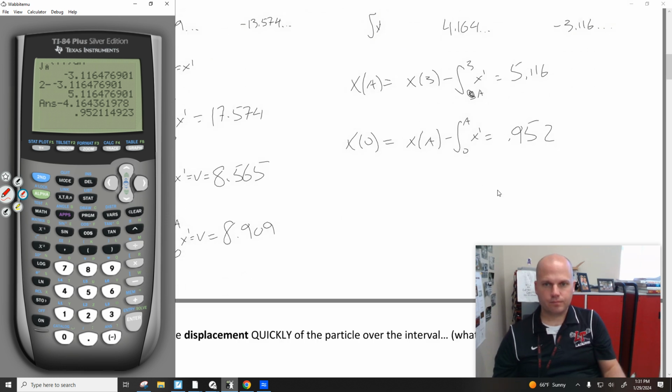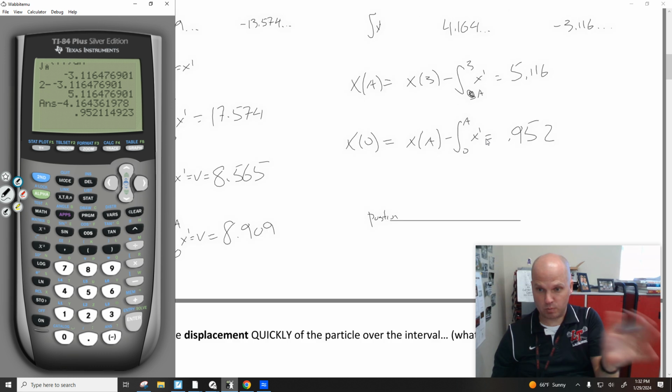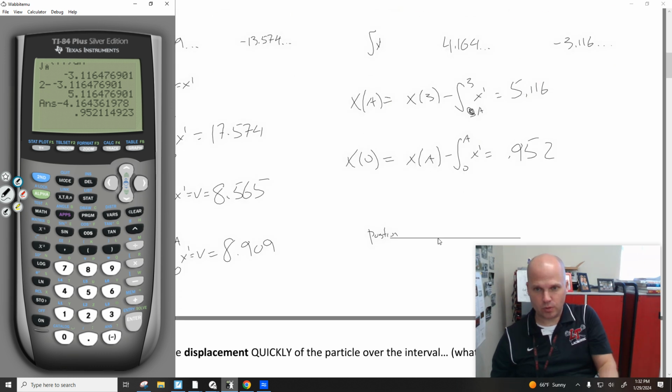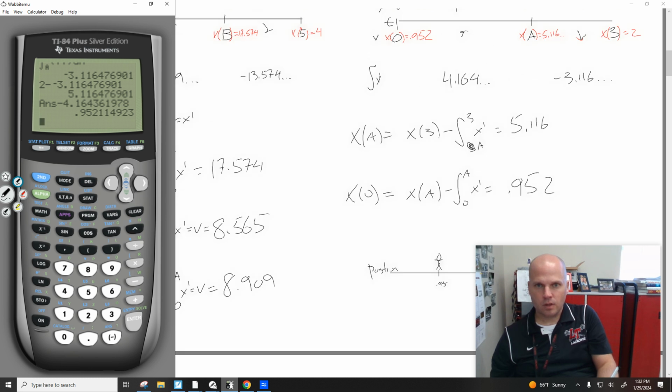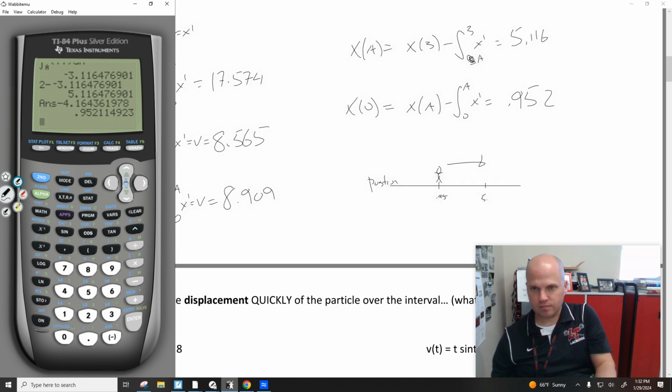Okay, so motion. New axis, position axis. Times hovering above. My dude is moving to the right, to the left. What does he do? He starts at 0.952. Here he is. Takes him 2.06 seconds to go to 5.116.